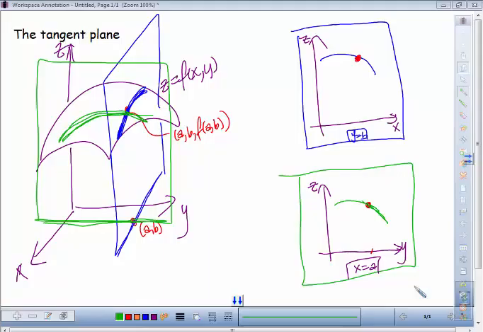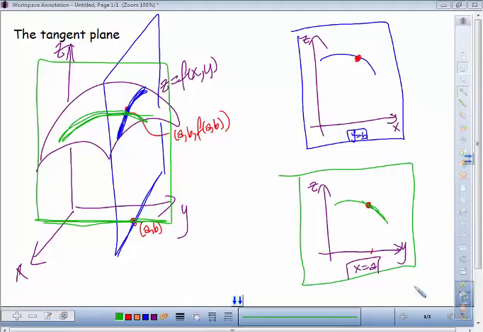So this is the drawing that we had last time. And this is where we're going to go from starting today. Okay?